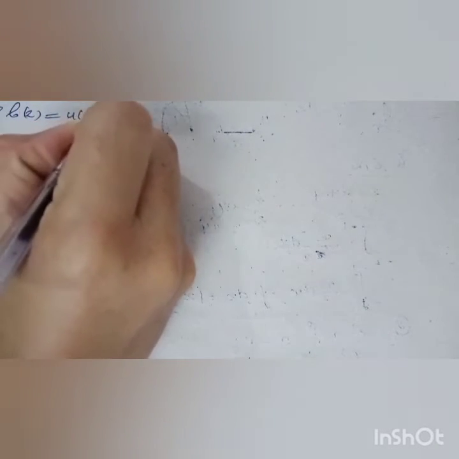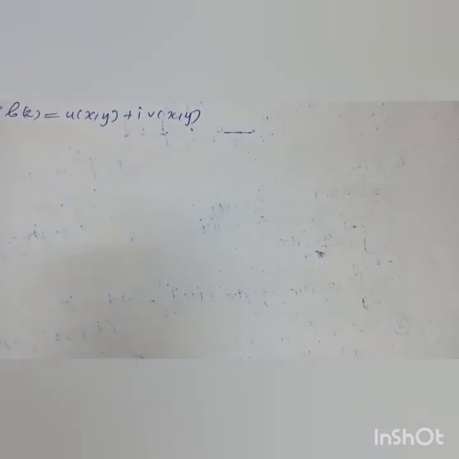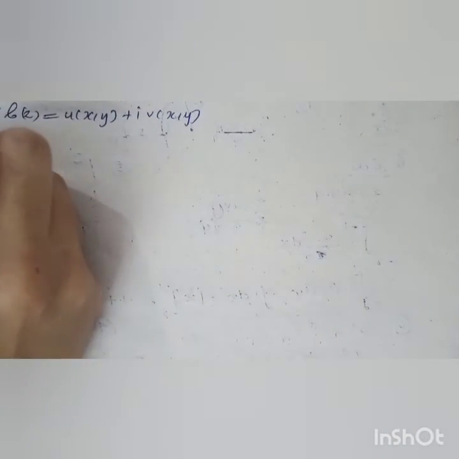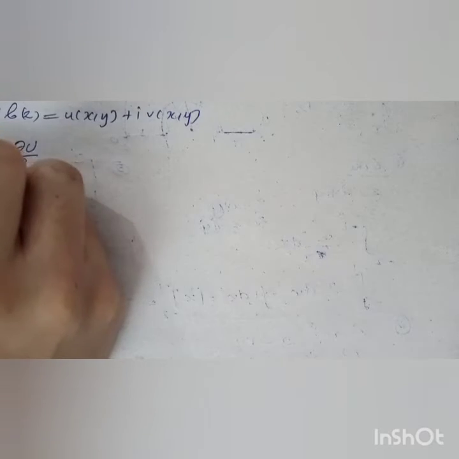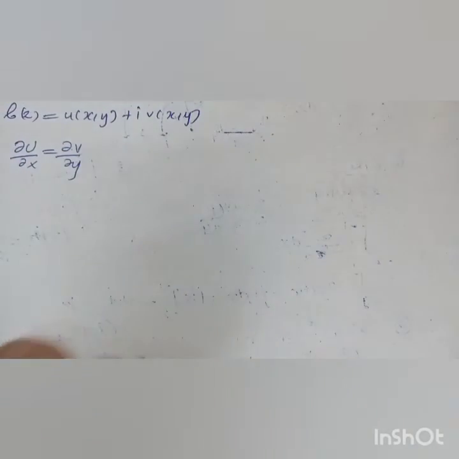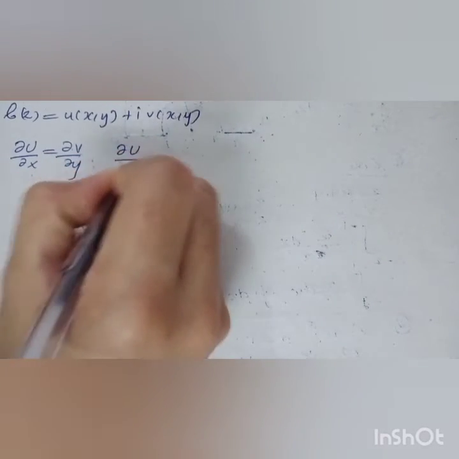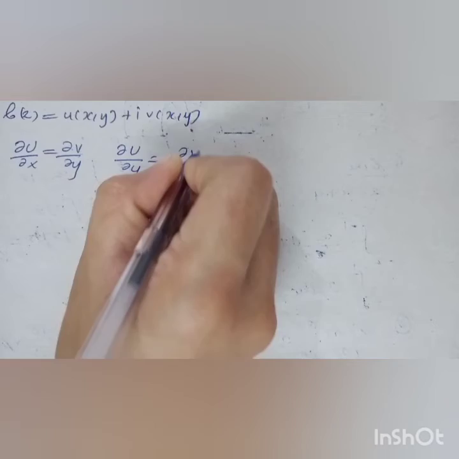We know that f of z is equal to u of x comma y plus i v of x comma y. And we know that if it is analytic, it should satisfy the Cauchy-Riemann conditions: dou u by dou x equals dou v by dou y, and dou u by dou y is equal to minus dou v by dou x.